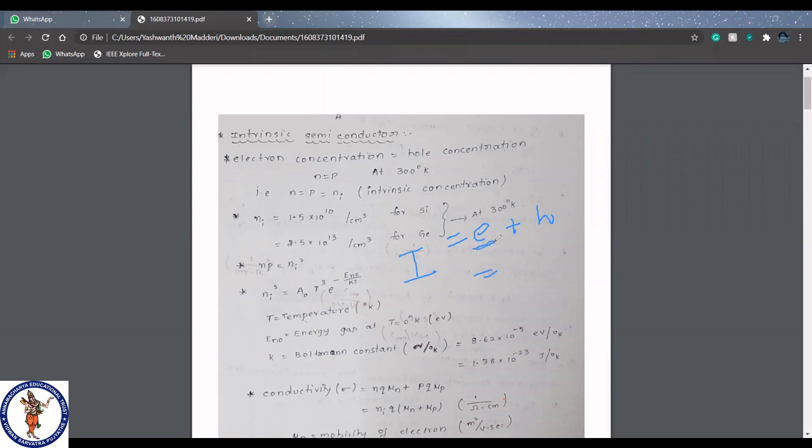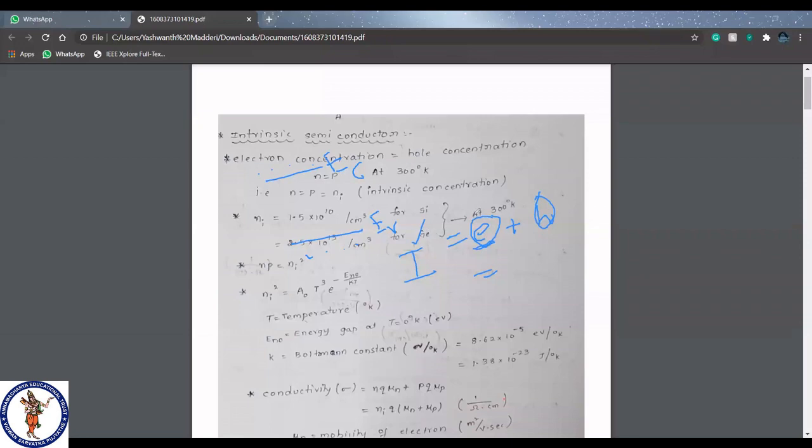The electrons present in the conduction band will give the electron current. In the same way, the holes present in the valency band will give the hole current, and by summing those two, we get the total current.